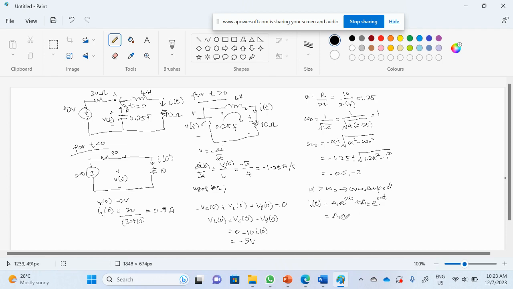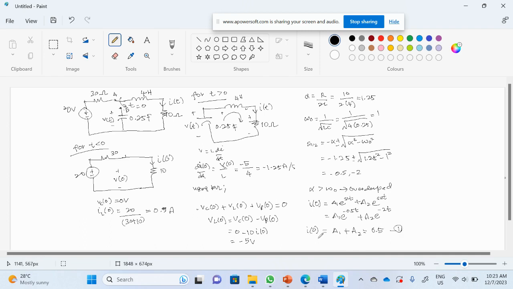So A1 exponential negative 0.5t plus A2 exponential negative 2t. This is the expression that we can get. I0 substitute with 0, so what remains is A1 exponential 0 is 1 plus A2 exponential 0 is 1 once again. So I0 is how much? 0.5.